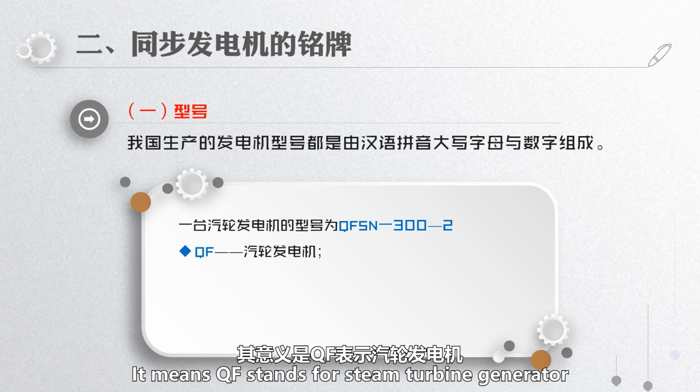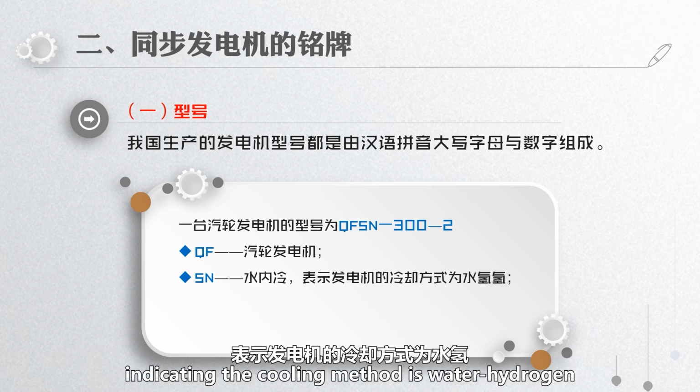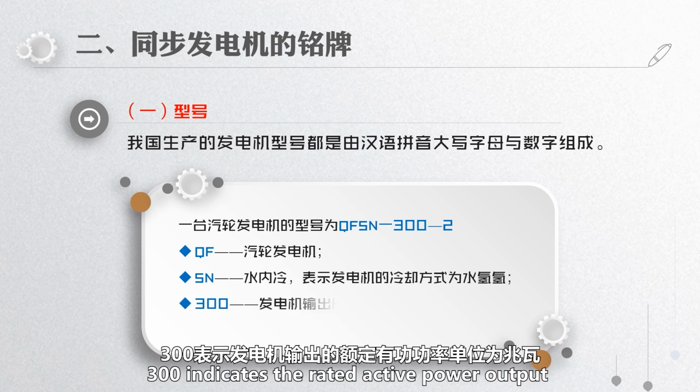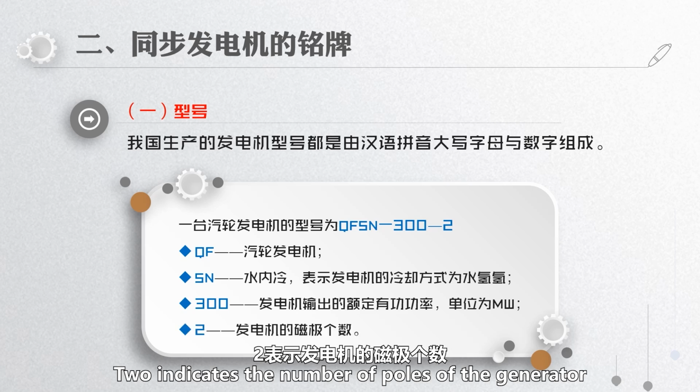QF stands for steam turbine generator. SN stands for water-hydrogen cooling, indicating the cooling method. 300 indicates the rated active power output of the generator in megawatts. 2 indicates the number of poles of the generator.